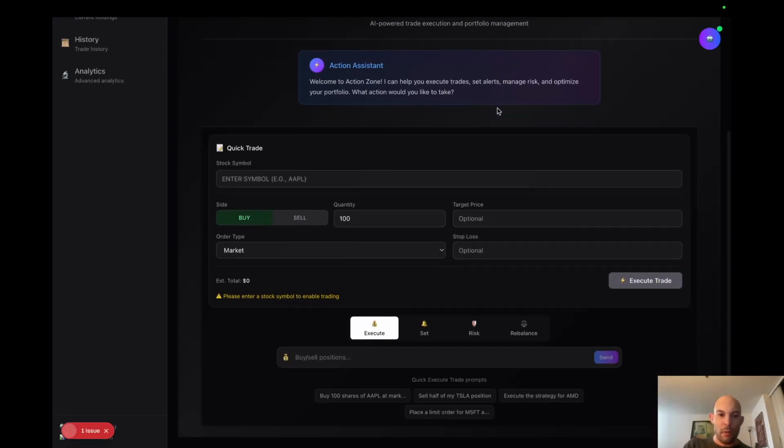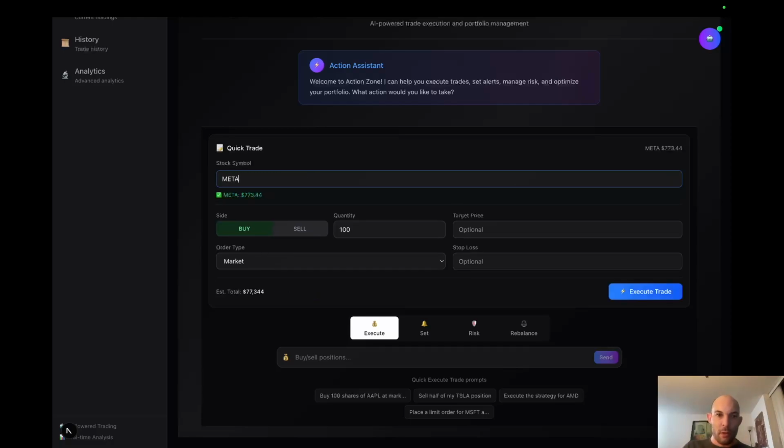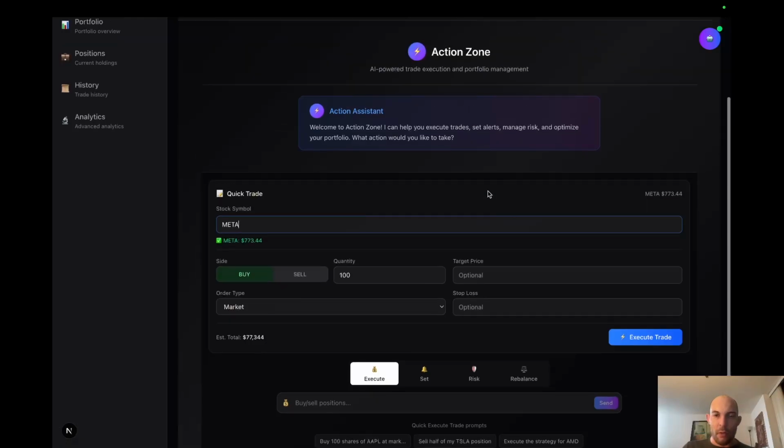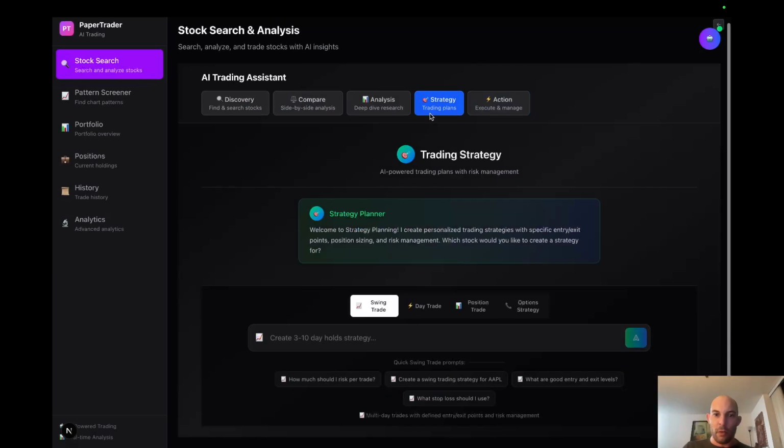Action. Okay, let's buy Meta. But this time I want to do it with the actual target. So we need to go to strategy. What is the stop loss and target for, actually, Meta's not down right now.